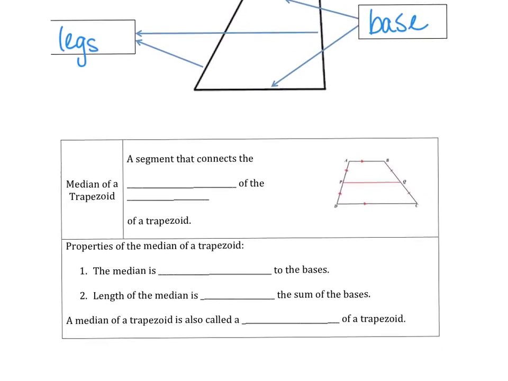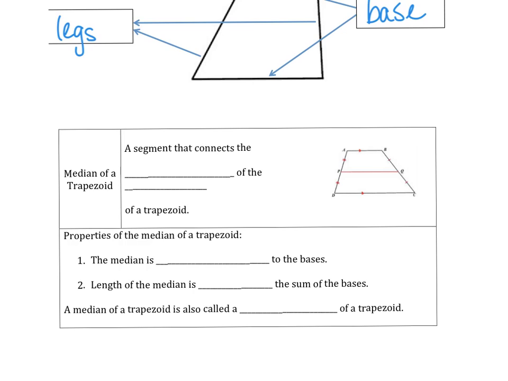All right, down here. The next definition is a median of a trapezoid. The median of the trapezoid connects the midpoints, I guess, of the sides or of the legs of a trapezoid. So looking over here at your picture, P is the midpoint of this side.